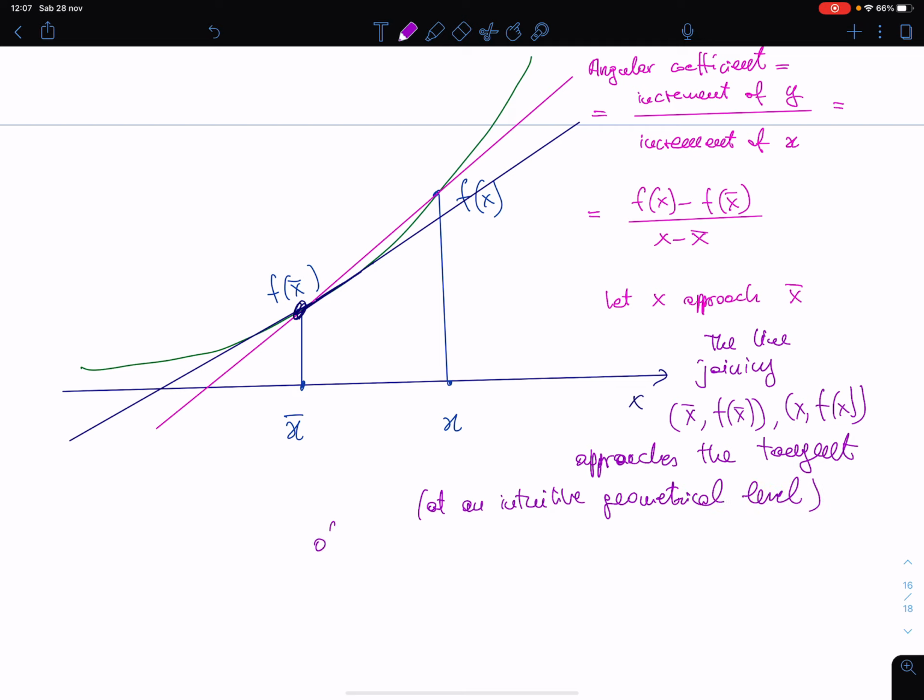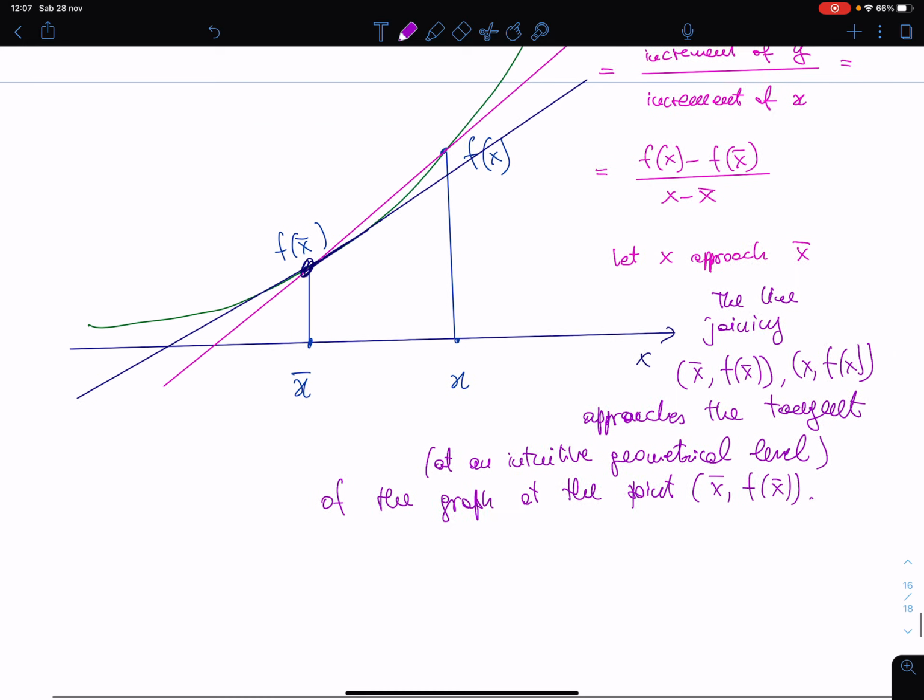Of the graph at the point x bar, f of x bar. This is what happens: it goes toward the tangent.